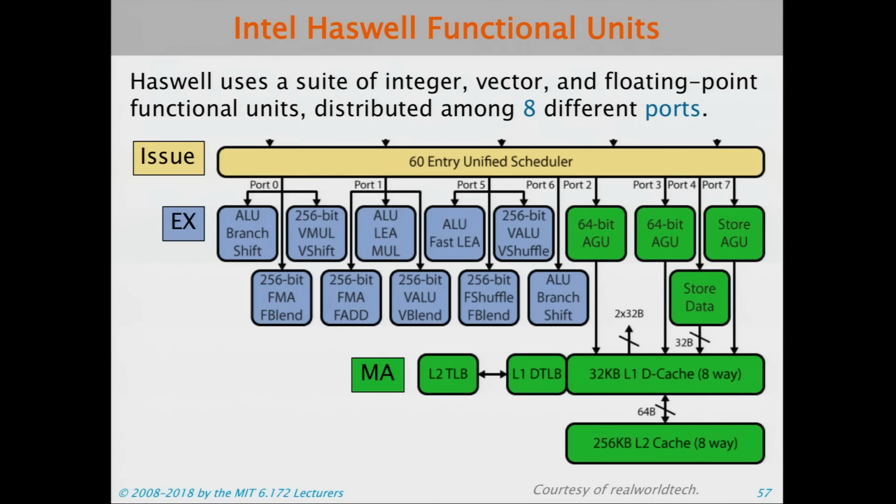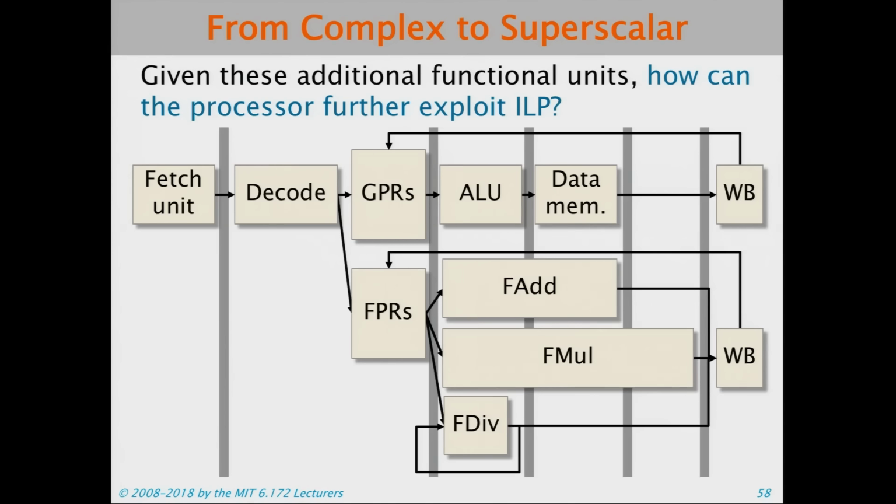Given that things get really complicated, if we go back to our simple diagram, suppose we have all these additional functional units, how can I now exploit more instruction level parallelism? Right now we can start up one operation at a time. What might I do to get more parallelism out of the hardware that I've got?